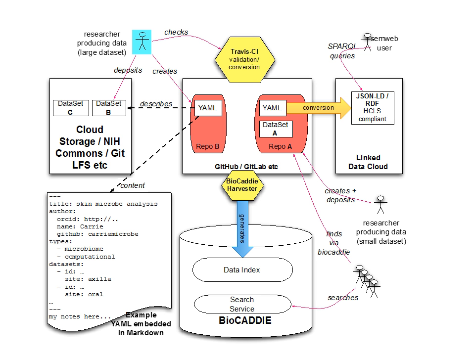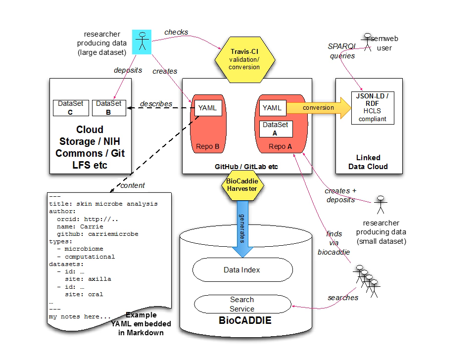And the idea here is that the researchers producing data can deposit their data and then describe it using these YAML files, and they get instantaneous checks from Travis continuous integration, and there can be automatic conversions from the YAML into formats such as the HCLS, Healthcare and Life Sciences, dataset descriptor profile, which enables a broader search on the semantic web.